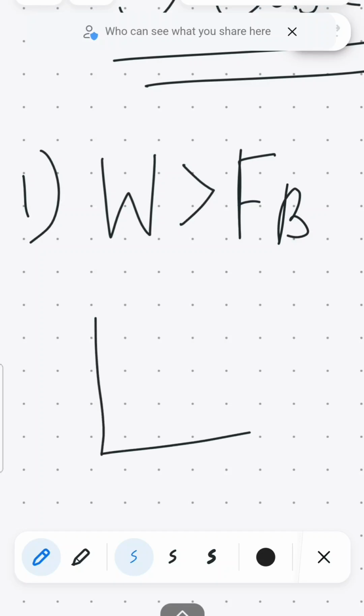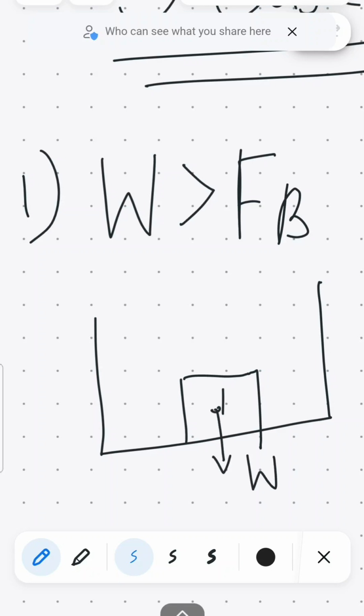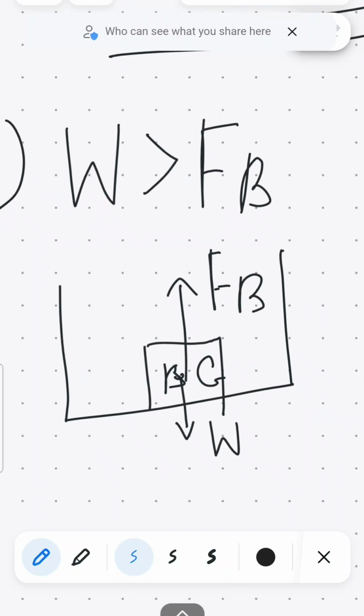So what happens in this case is, if we take a container and a body, this is the weight, this is the buoyant force, here is G, here is B. What happens when W is greater than Fb? In this case the body will sink.